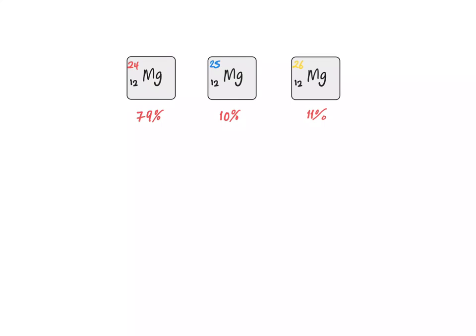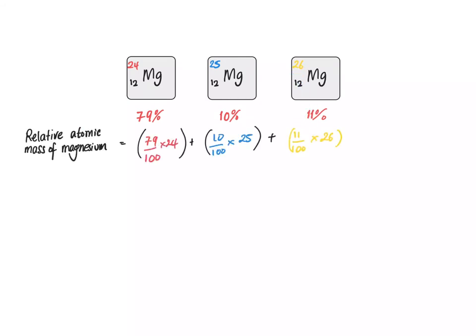So to work out the relative atomic mass of magnesium, we add up 79% times 24, 10% times 25, and 11% times 26. So if you put these calculations into your calculator and you're careful, you'll get a number out which is 24.3. So the relative atomic mass of magnesium is 24.3.